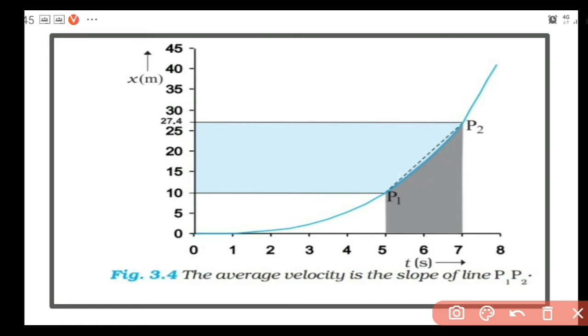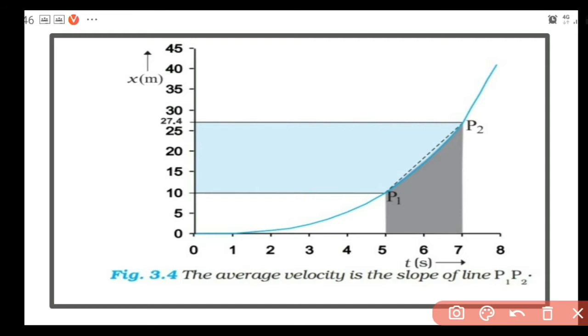In the case of uniform motion, just find the slope of the position time graph because the graph is already a straight line. In the case of non-uniform motion, the graph will be a curved one. So how will you find average velocity from the graph? Just take two points on the graph and join them with a straight line. That's what we call a chord. Then find the slope of that chord.